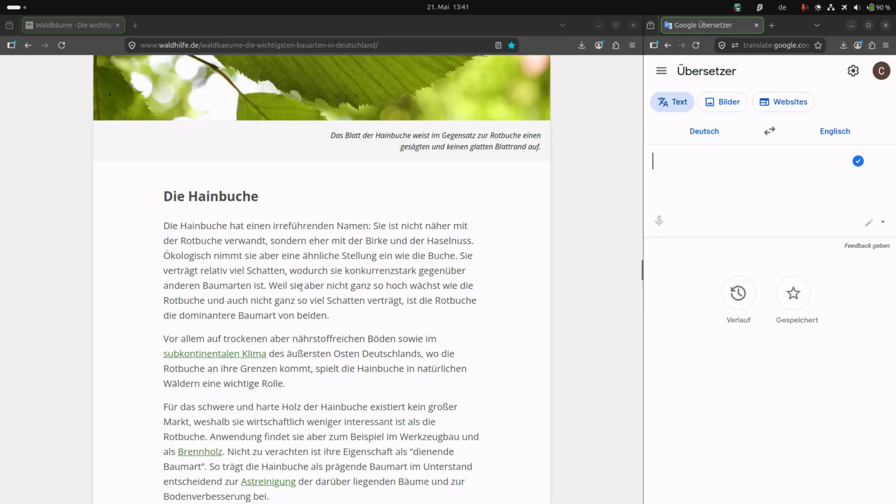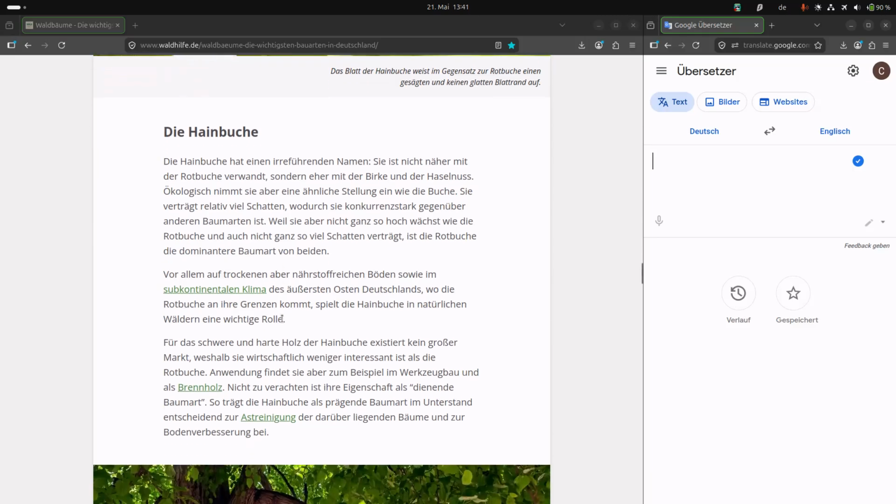Weil sie aber nicht ganz so hoch wächst wie die Rotbuche und auch nicht ganz so viel Schatten verträgt, ist die Rotbuche die dominantere Baumart von beiden. As she or it does not grow as high as the European beech and does not tolerate as much shadow or darkness, the European beech is the more dominant of the both. I hope the sentence structure made sense.